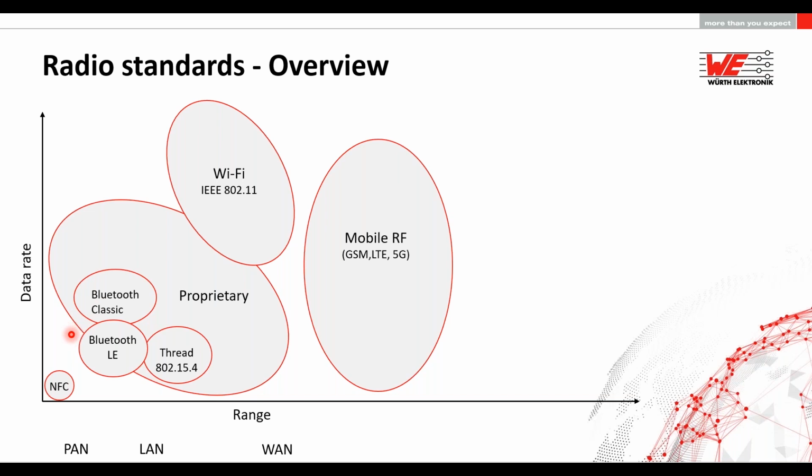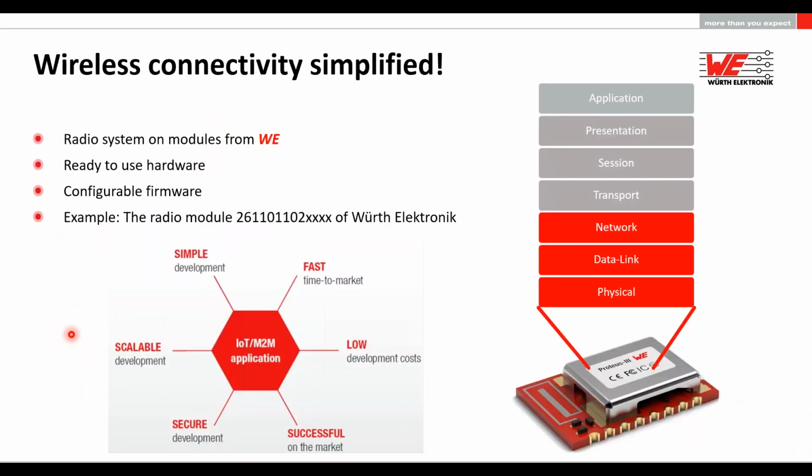Now that we have the radio technology, what does designing such a radio module into an application look like? Well, it can be really simple if you use one of the radio modules like these. This is one of our newest radio modules. More on that a little later.